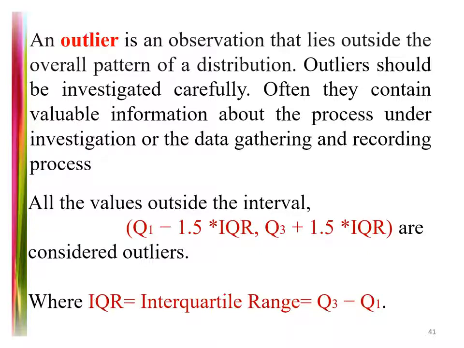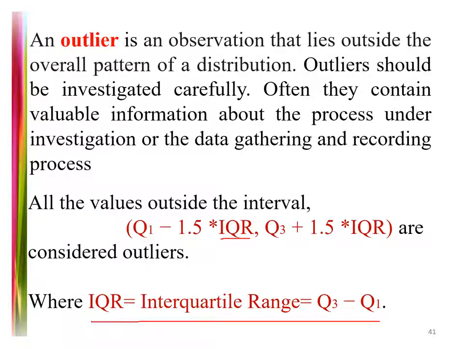First we have to calculate the interval Q1 minus 1.5 times IQR, where IQR means interquartile range, Q3 minus Q1. So suppose you calculate this interval; we call these the inner fence and outer fence.